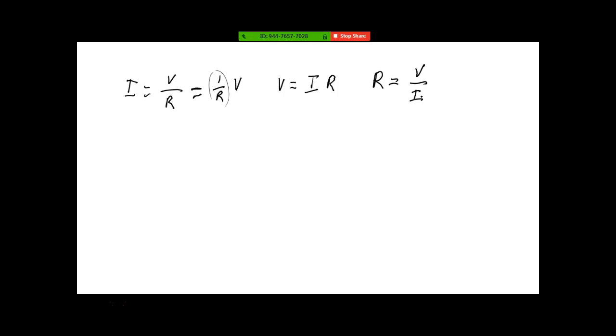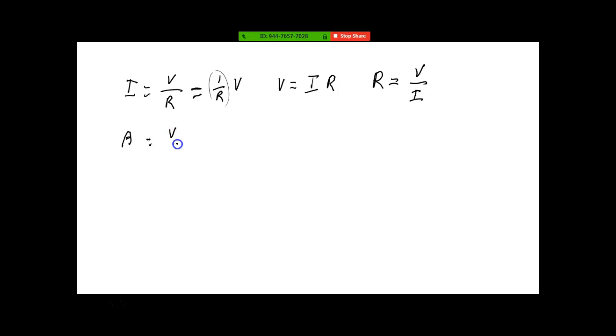So in terms of units, the units for current, does anyone remember? That's the amp. Capital A, because it was named after Louis Ampere. The unit for voltage is volts, capital V, named after Alessandro Volta.